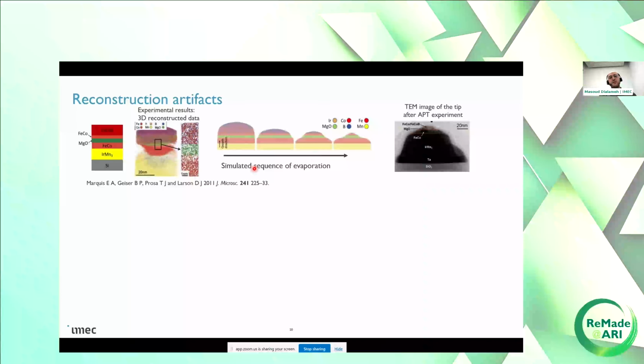This is a simulated sequence of evaporation: deviation of the apex from initially hemispherical to, let's say, an irregular shape. So the reconstruction model no longer matches the original shape of the specimen during the evaporation process. This is the TEM image of the apex after atom probe tomography, which somewhat resembles the simulated tip shape at the end.